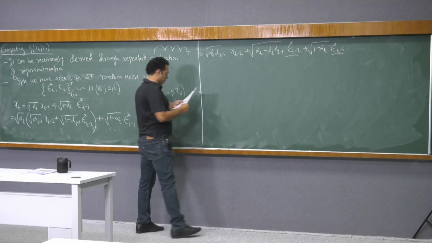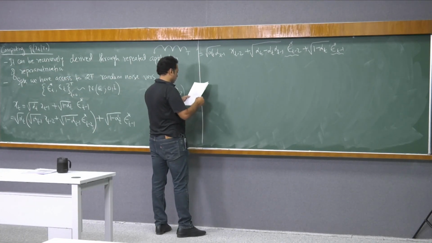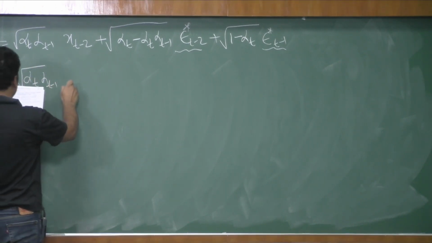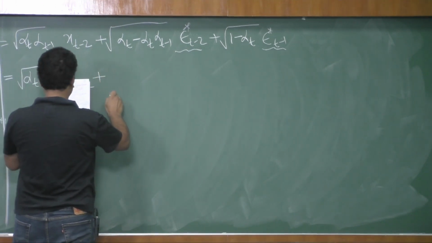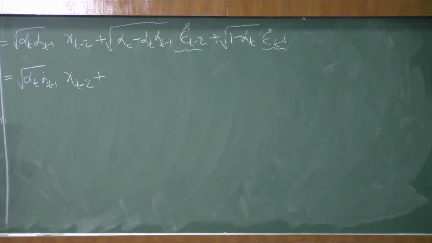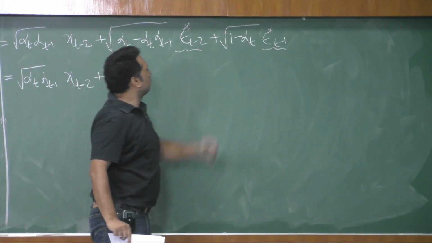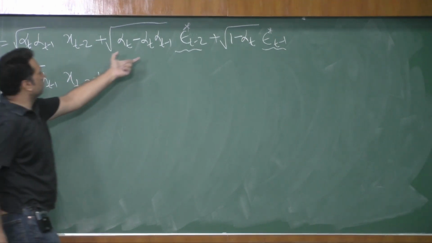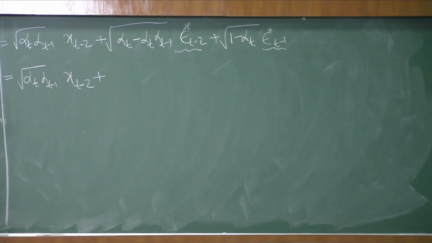So let us do that. The first term remains the same, alpha_{t-1} x_{t-2}, plus, as I said, variance plus variance. Since this is a new distribution with 0 mean and a known variance, we can again use a reparameterization.